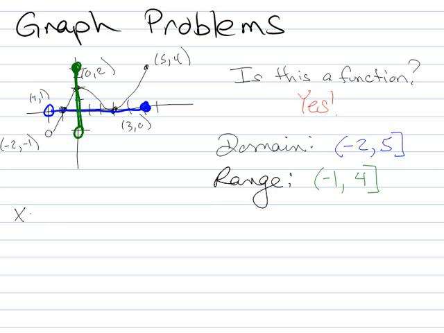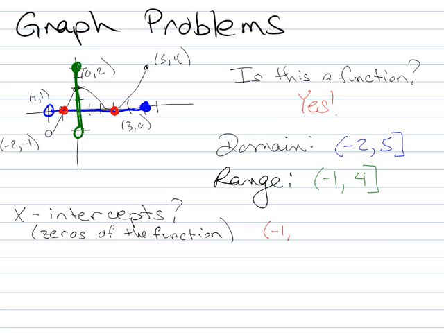Now what about this? If I say, what are the x-intercepts? Remember, these are also called the zeros of the function. So the x-intercepts, where it hits the x-axis, so it hits the x-axis here and here. So my x-intercepts are going to be -1, 0, and 3, 0.